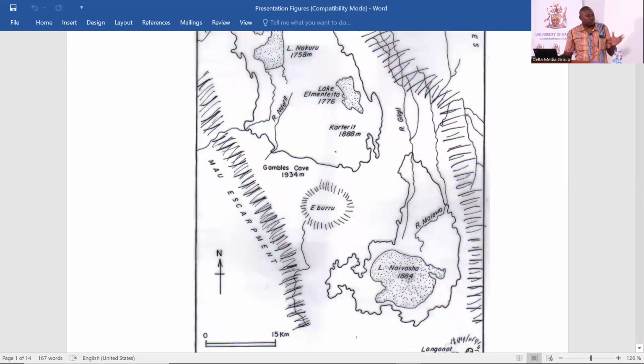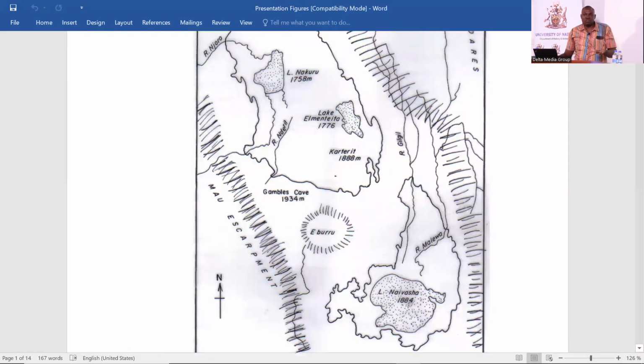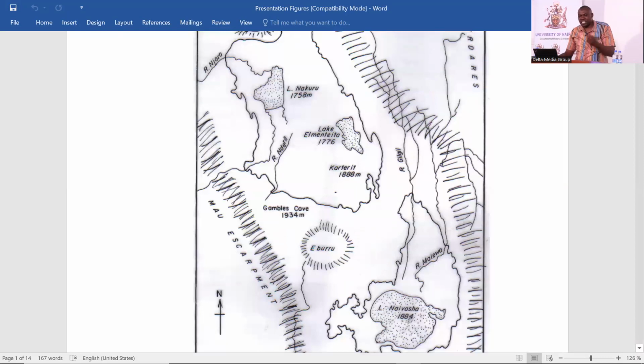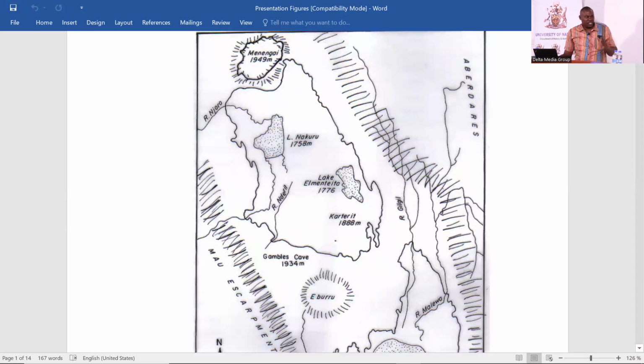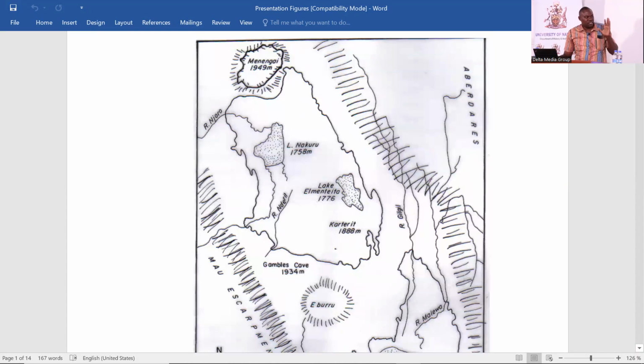There are others who like to call it the Naivasha-Nakuru-Elementaita basin. The most important feature about this place is that the Central Rift is sandwiched between two major landmarks. On the east, we have the Mau Escarpment, and on the west, we have the Aberdare Ranges. So that is where the Central Rift lies.